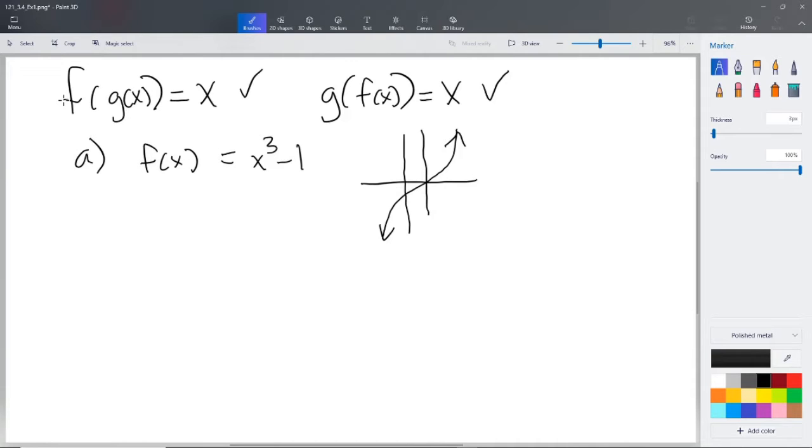All right, now part B says, determine or verify if g of x equals the cubic root of x plus 1 is the inverse of f of x, which equals x cubed minus 1.